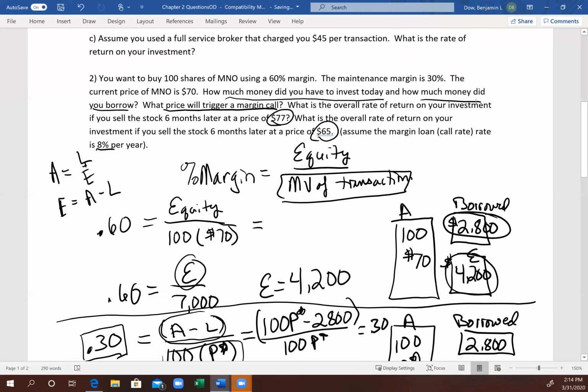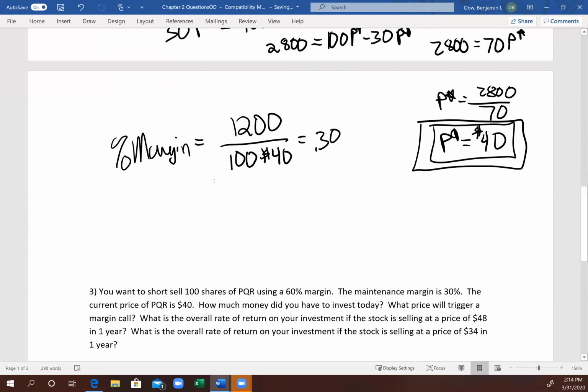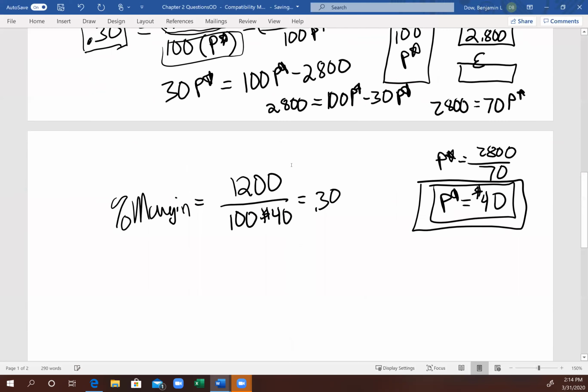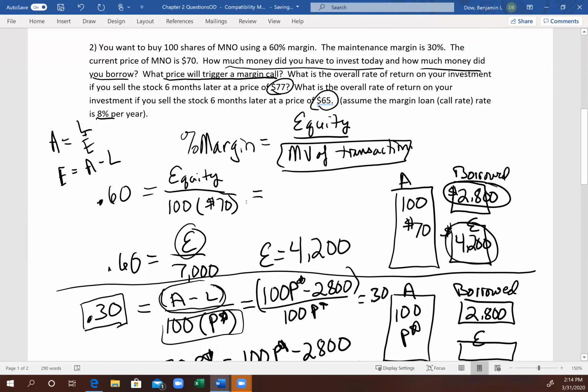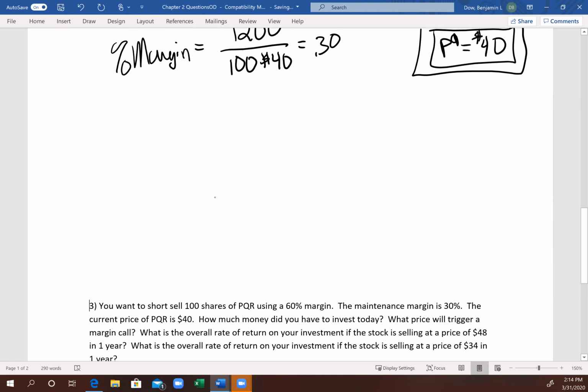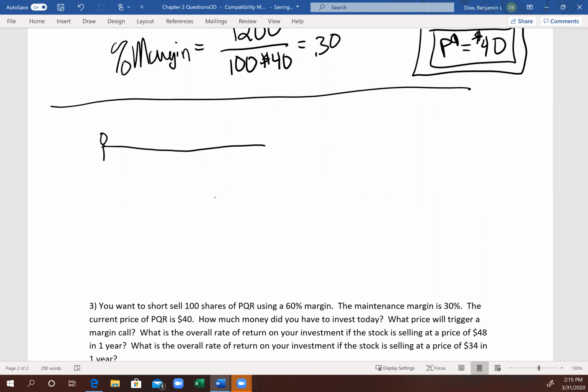We go back to the beginning of our problem. And we said, hey, remember we bought shares when they were $70 a piece, and we had to put up 4,200. So on day 0, we put up 4,200 to buy 100 shares of stock, but we also borrowed $2,800.